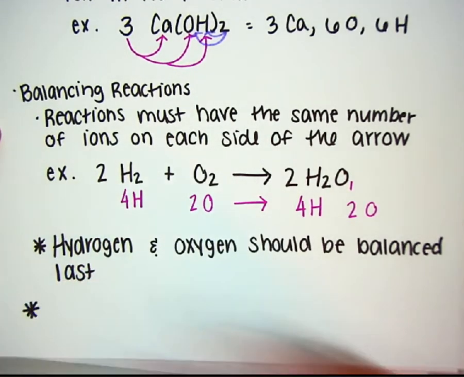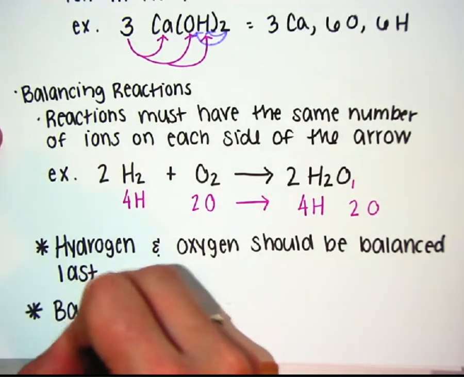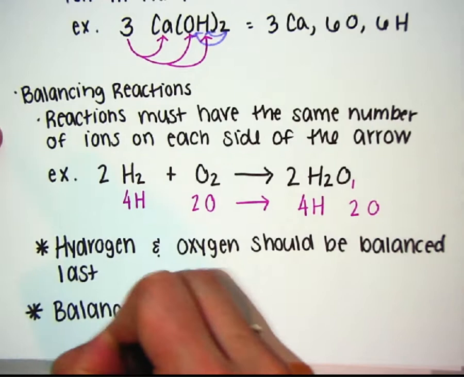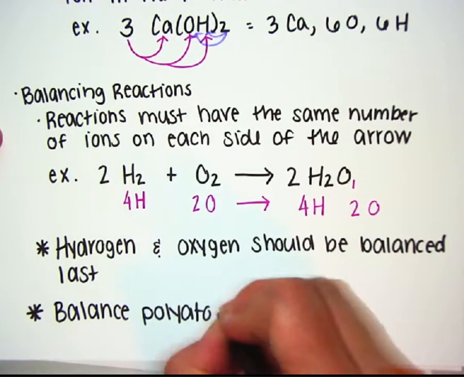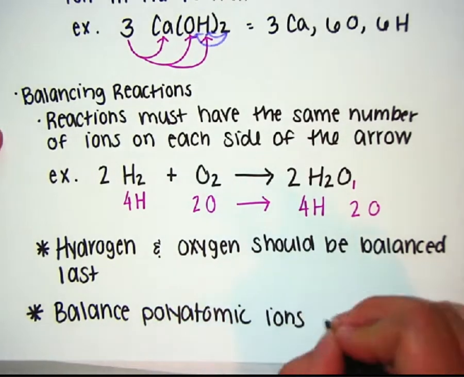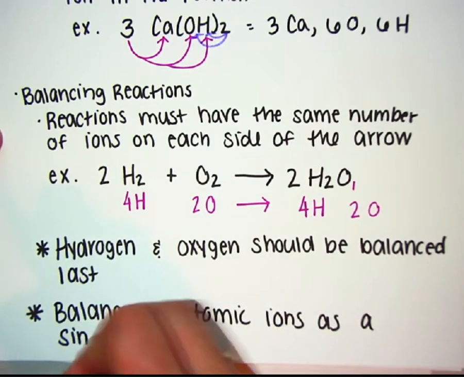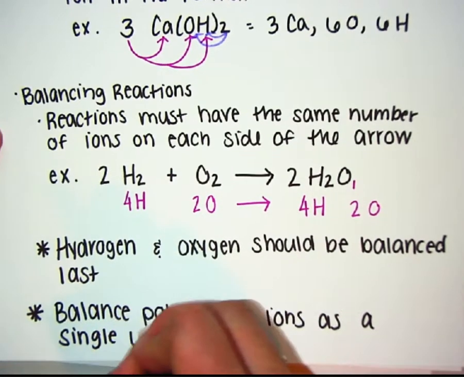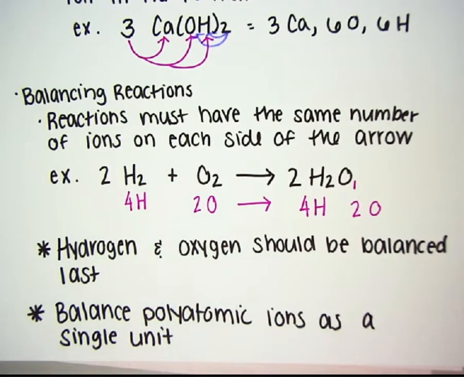And another tip that's going to make your life much easier: balance polyatomic ions as a single unit. And again, once we get to an example with a polyatomic ion, I'll show you what I mean.